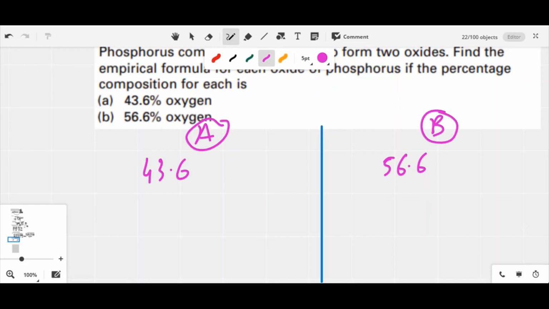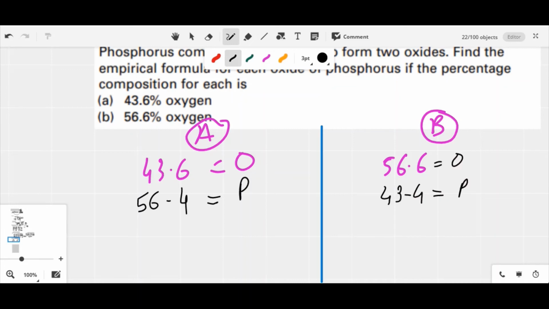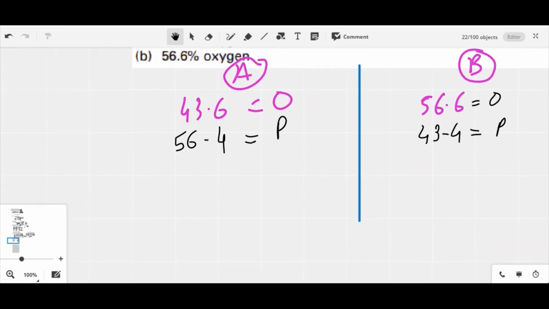If the oxygen is 43.6, we have to subtract 43.6 from 100, so it would be 56.4% phosphorus, while in the next one 100 minus 56.6, we got 43.4% phosphorus.